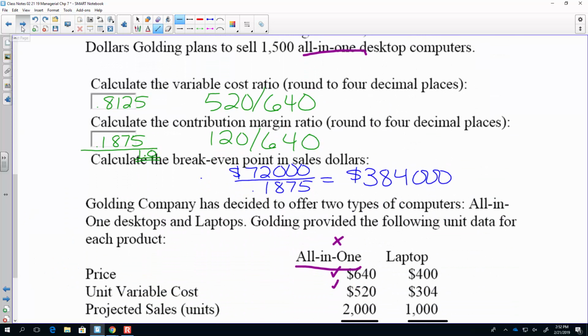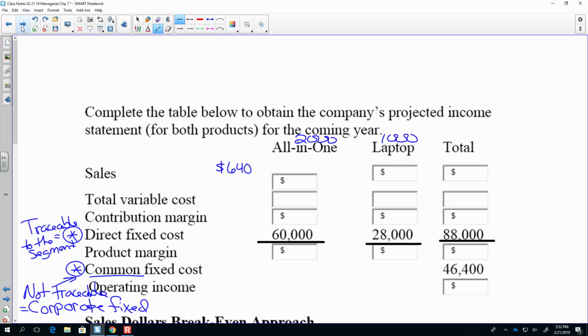Yeah. So that would be 400,000. $640 times 2,000 is 1.28 million.